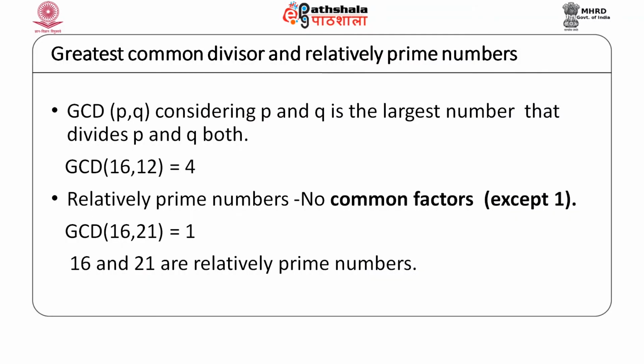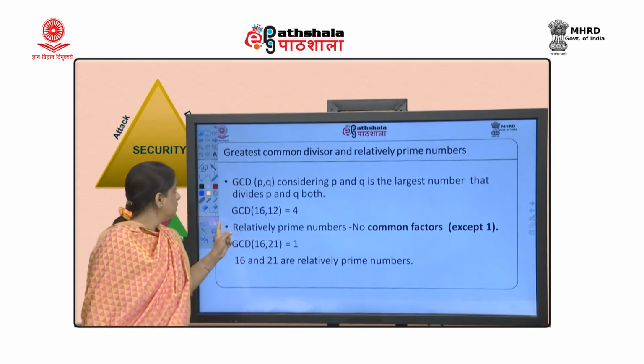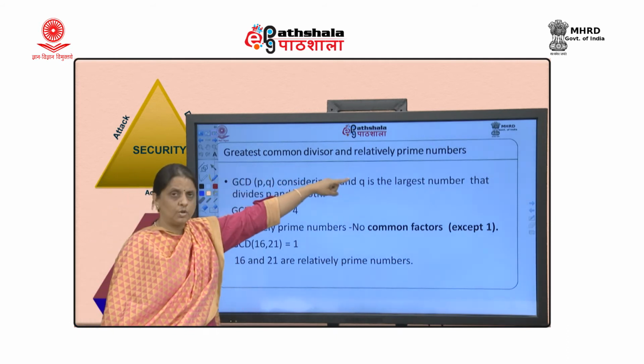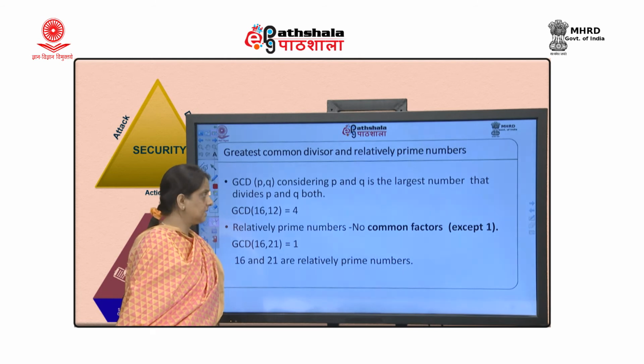Okay. Now, in the previous slide there were two key terms, GCD and the totient function phi n. First we will start with the greatest common divisor and one more term, relatively prime numbers.